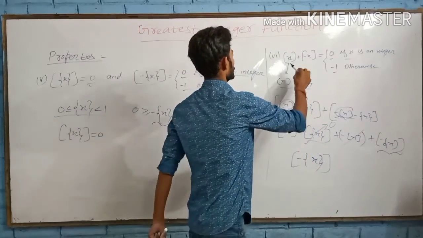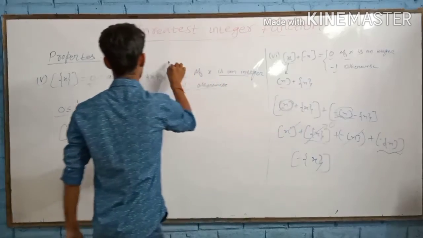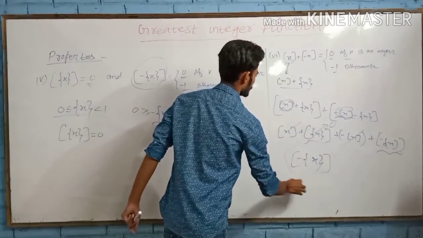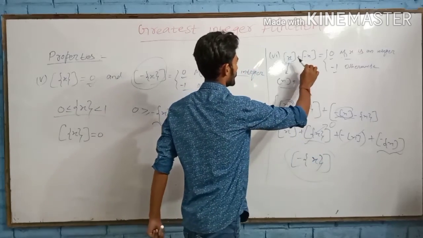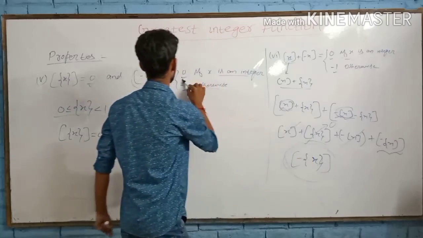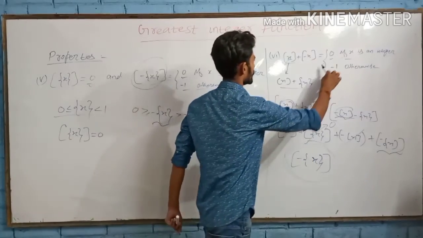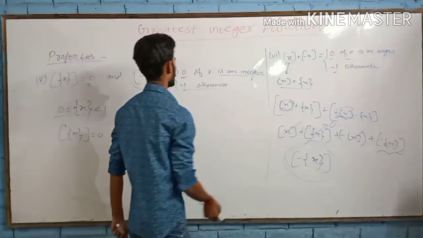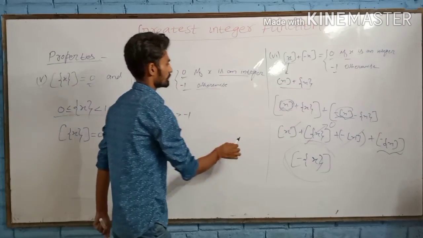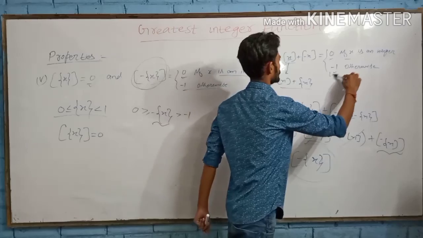So this follows the property of ⌊−{x}⌋. When x is an integer, then this is 0 from here, so this is also 0, and when x is not an integer, then this is 1. From here we can see that this is also minus 1.